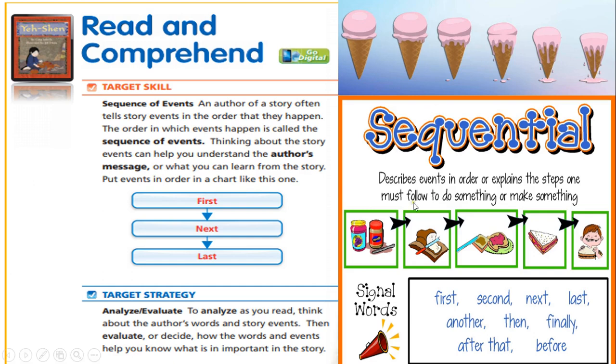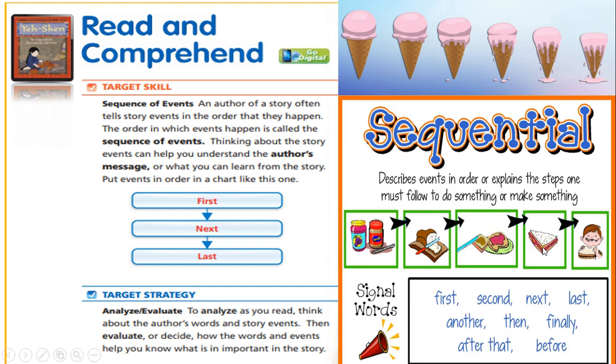Once you sequence, you'll know that we have many steps in sequencing. For example, here we have jam and peanut butter. First, we have the ingredients: a knife, peanut butter, and jam. Second, we cut the bread. Next, we spread the peanut butter and jam on the toast on each side.